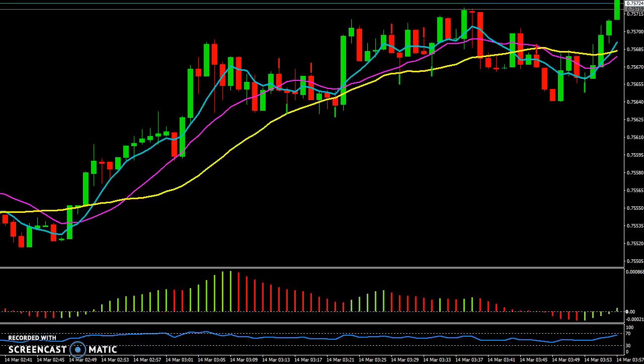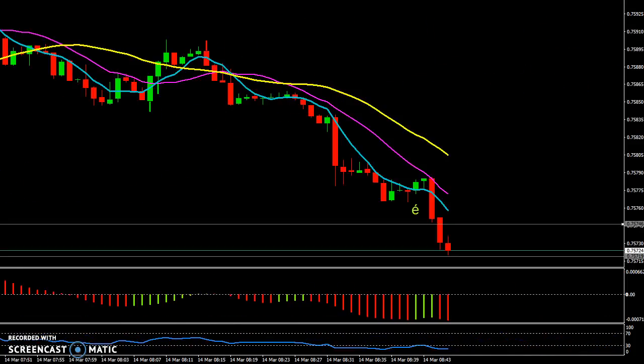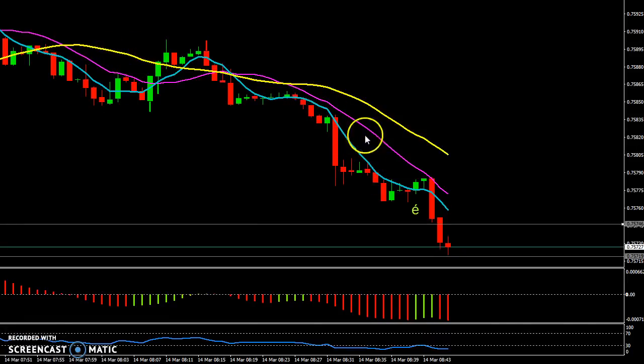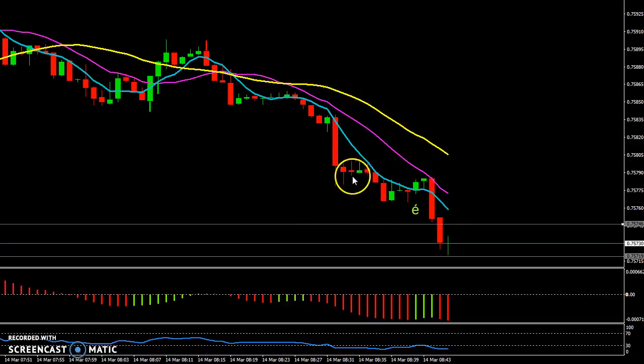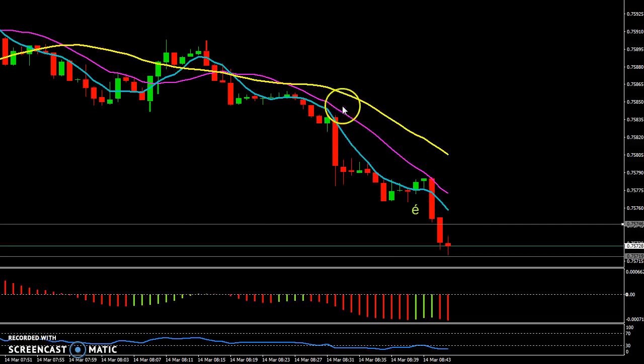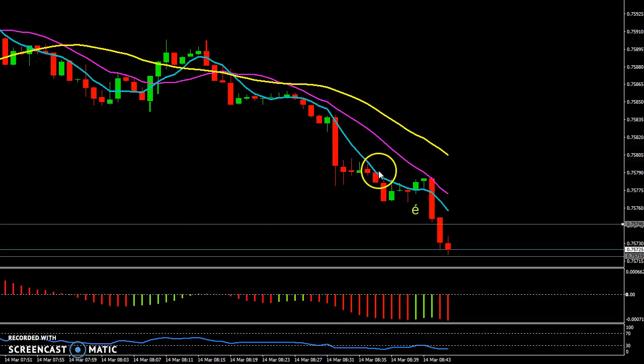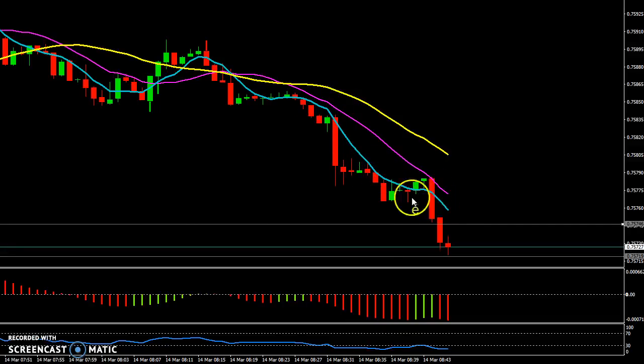If you look at this, since the major trend change here, right here, this is only the second significant pullback, if you would even consider this a pullback, but it's not ready.